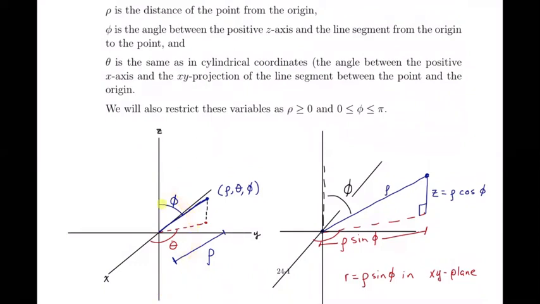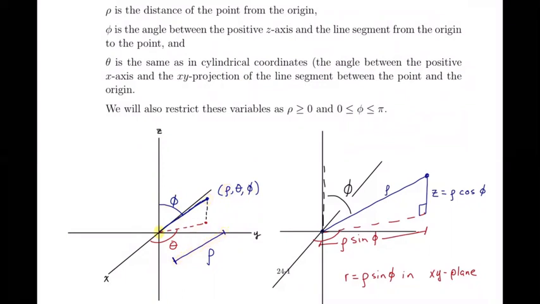Okay, so we see here the given point (rho, theta, phi). We've got phi highlighted. It's the angle swept down by this blue line, the line segment from the origin to the point, between that line and the positive z-axis. The distance from the origin to the point is rho, and that's this component. So we've settled two of the three components, and theta is nice.